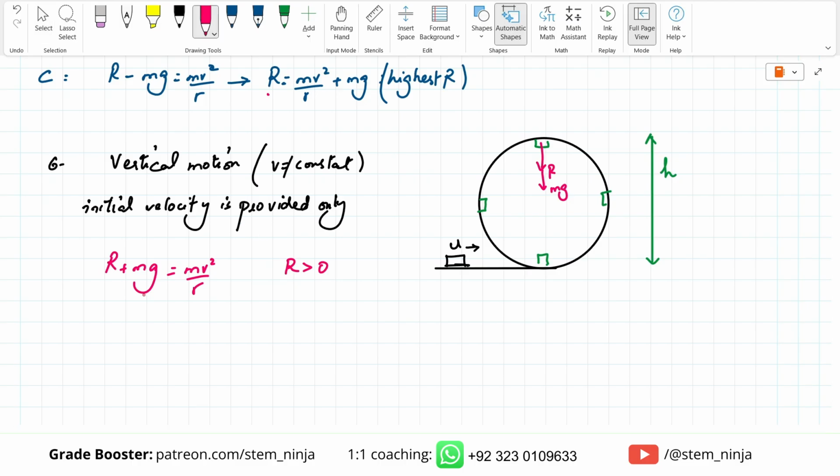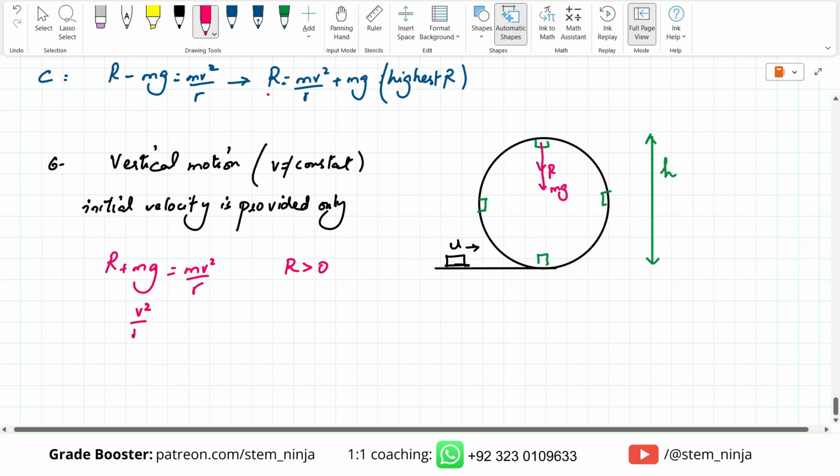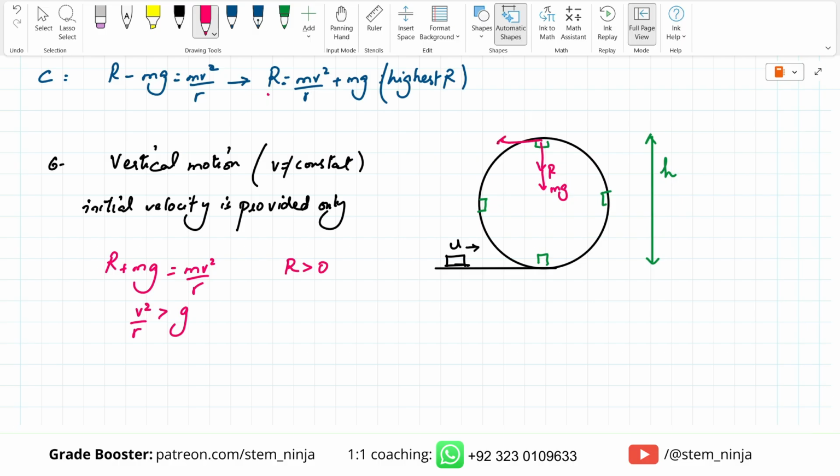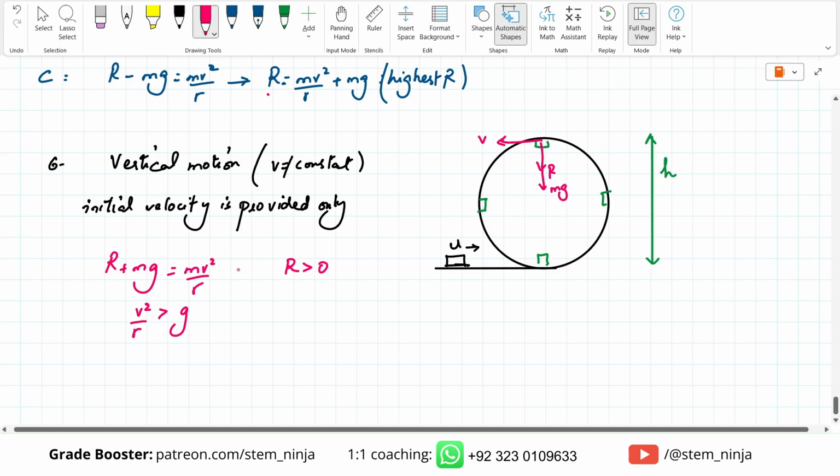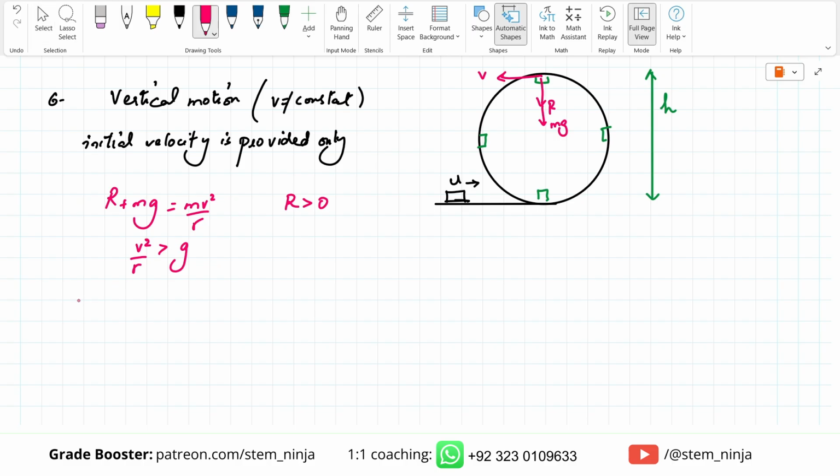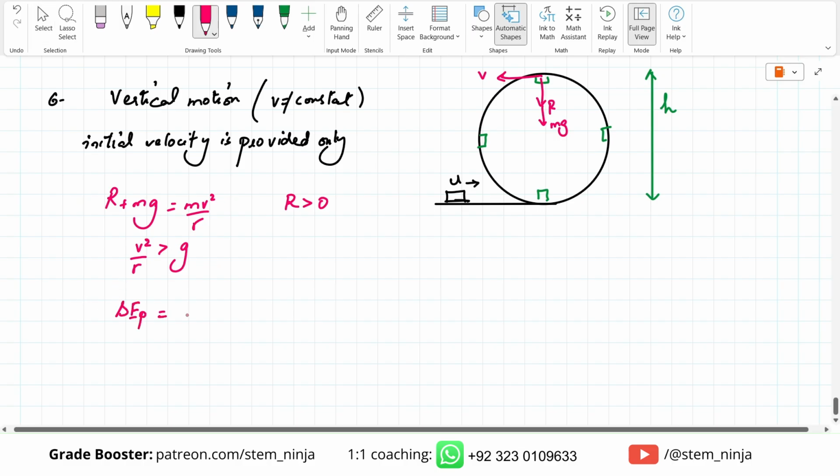So this means that we will again end up with the same problem. V squared over R has to be greater than g. But the V over here is this. This is not the same u. So how do we get V over here? So V will come out with the change in gravitational potential energy and kinetic energy.